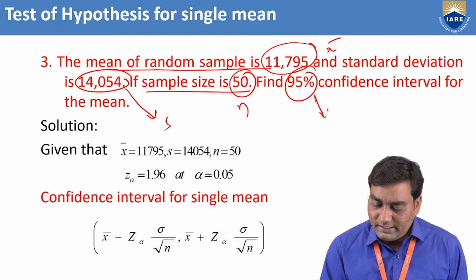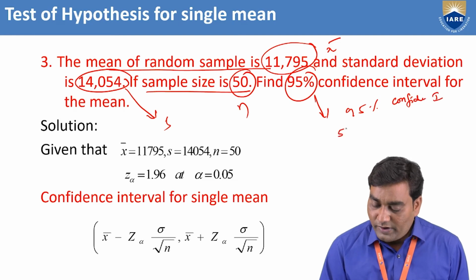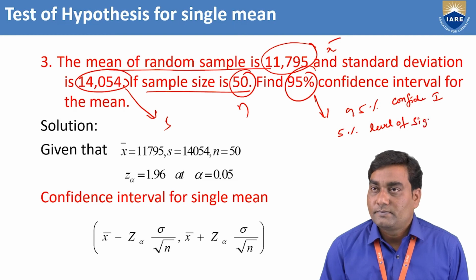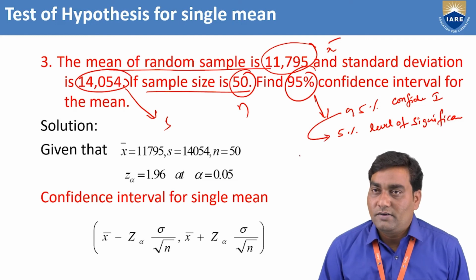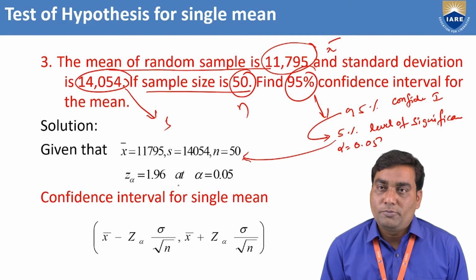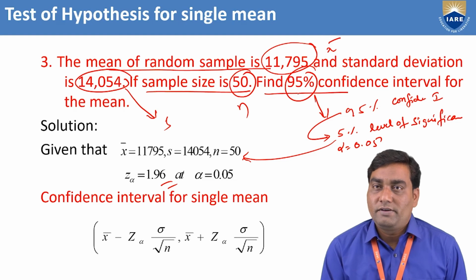Find the 95% confidence interval. 95% confidence interval means 5% level of significance, nothing but alpha equal to 0.05. So alpha equal to 0.05, Z alpha value 1.96, we know that. We are going to find the 95% confidence interval for the mean.